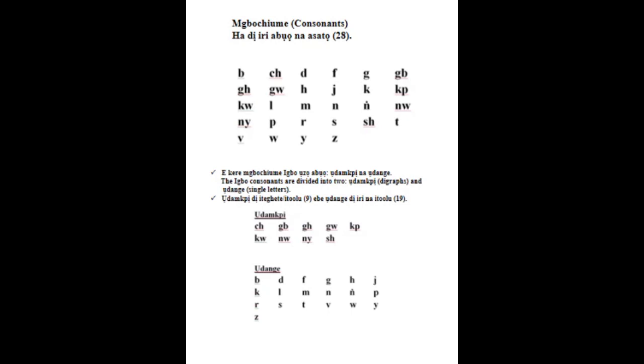Now, I want you to particularly pay attention to some alphabets. For example, the letters GH in Igbo are pronounced re, just like you have water in your mouth and you're making some bubbles around your throat.